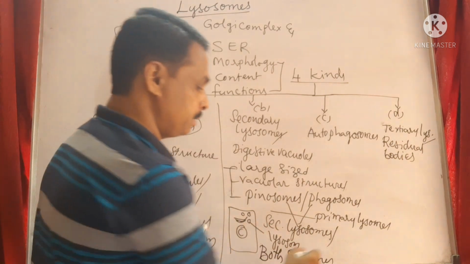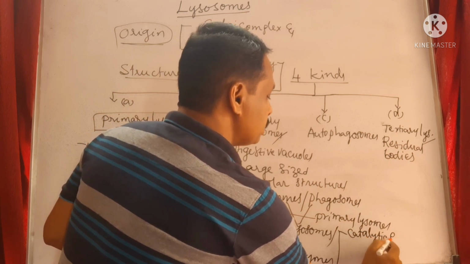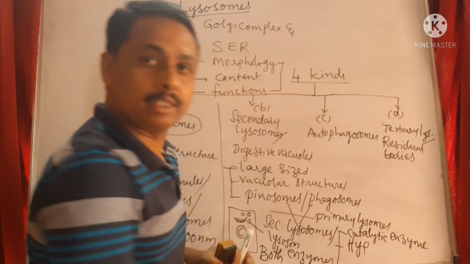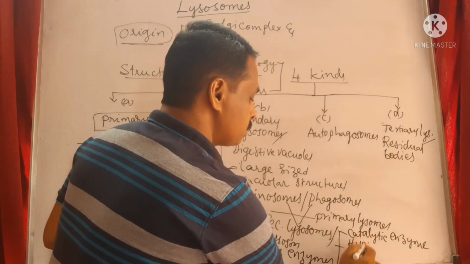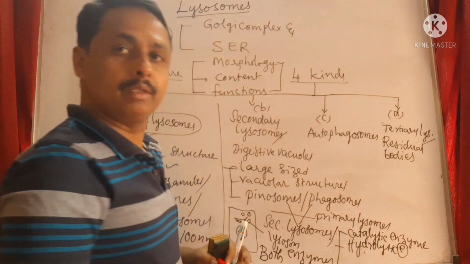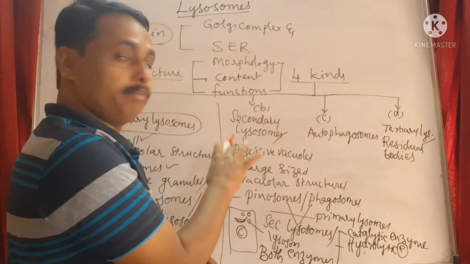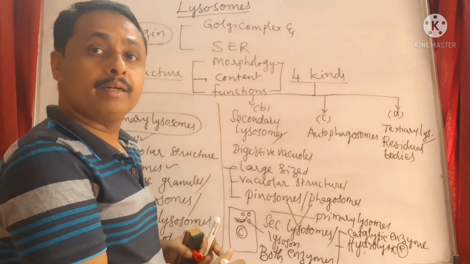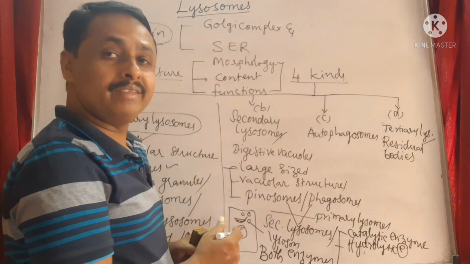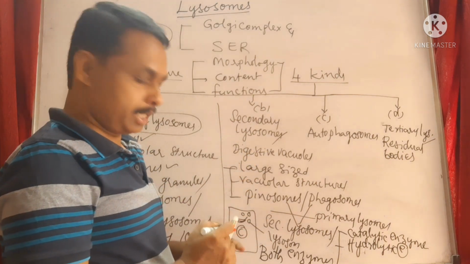Because of this, the materials which are present in the cytoplasm of the cell will be digested. That's why they are called digestive vacuoles. So this is about secondary lysosomes.